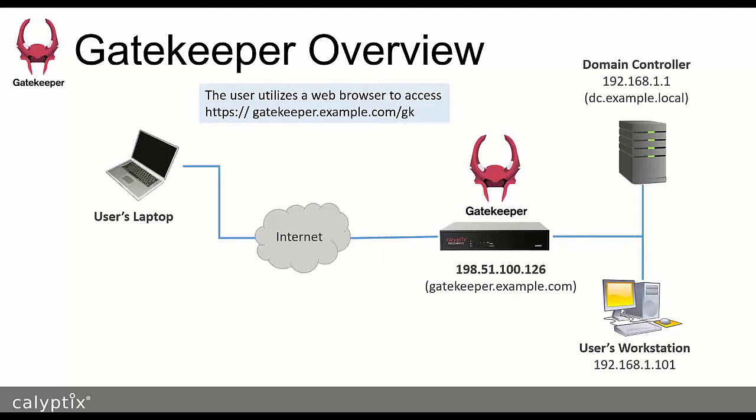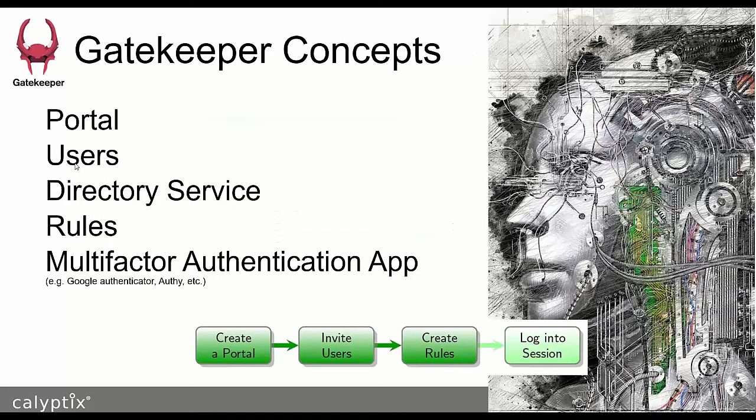So this is sort of the simple initial intended view on the screen now in terms of going through Gatekeeper and hitting a workstation like with RDP or SSH. A more advanced implementation, that's coming up. So in going through the Gatekeeper implementation, there are a couple of key concepts. First, the portal.